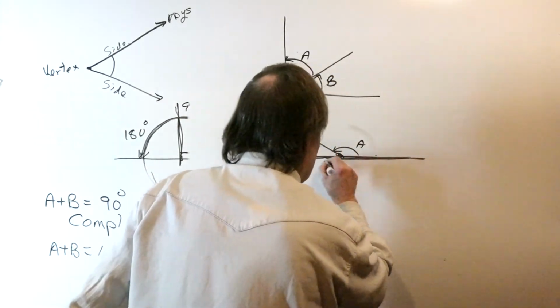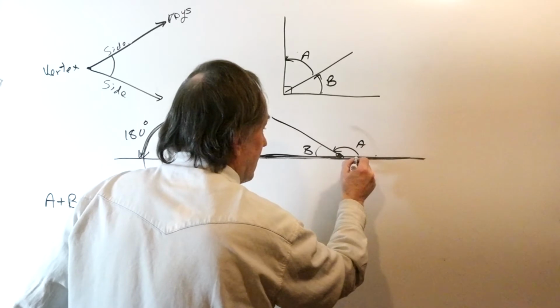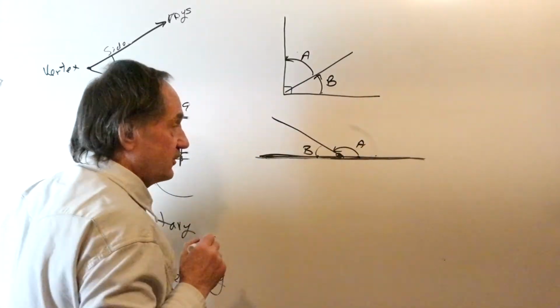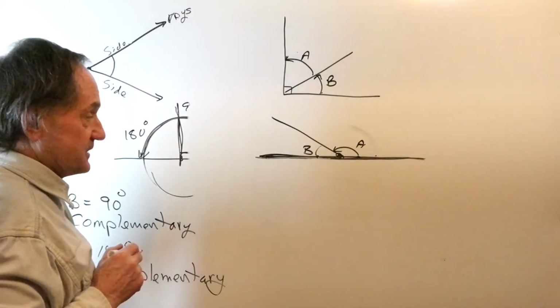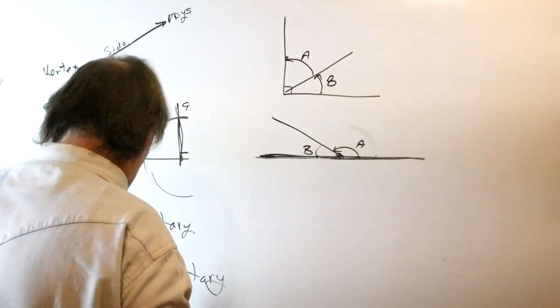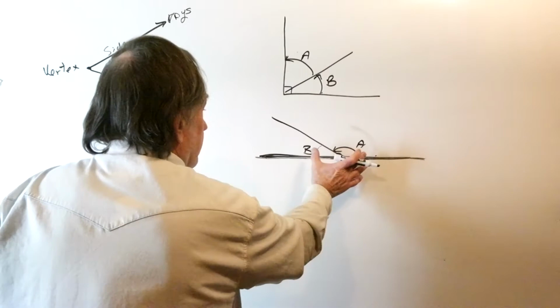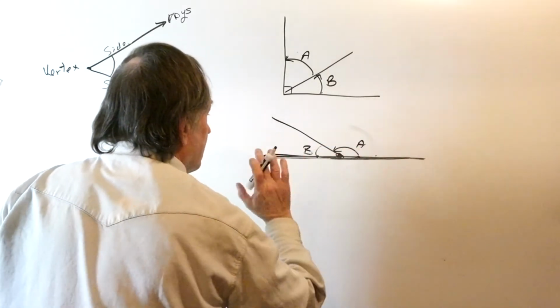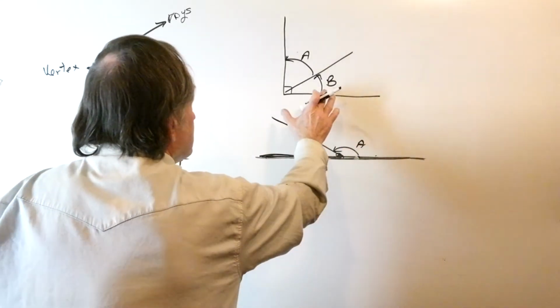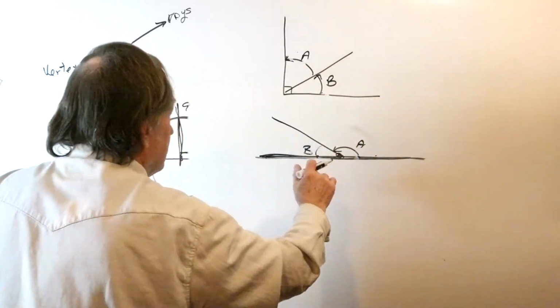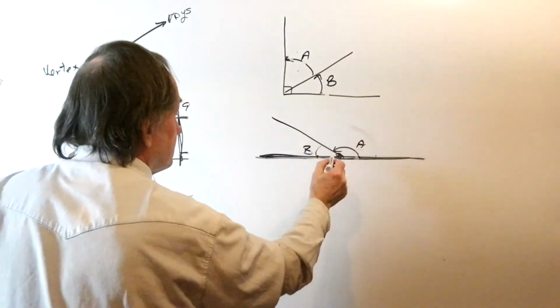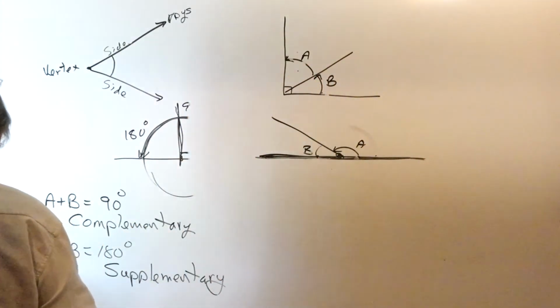A straight line has an angular measure, starting from one point and sweeping over to another point, of 180 degrees, which is called a straight angle. Now, in this case, A plus B is 180 degrees. In this case, A plus B is 90 degrees. So we have complementary angles, supplementary angles.